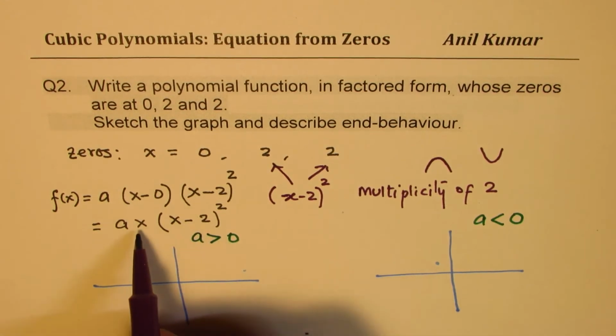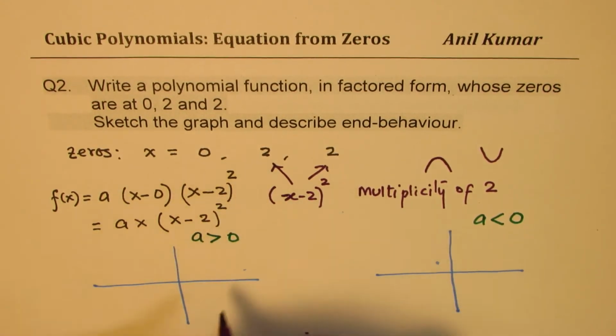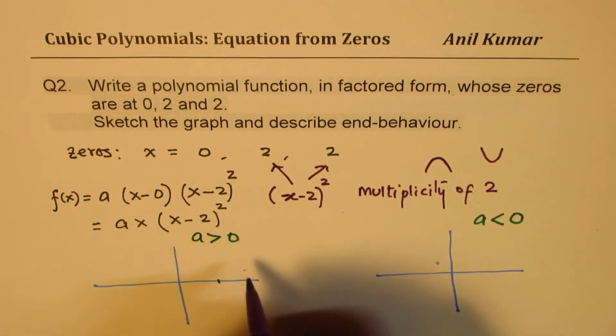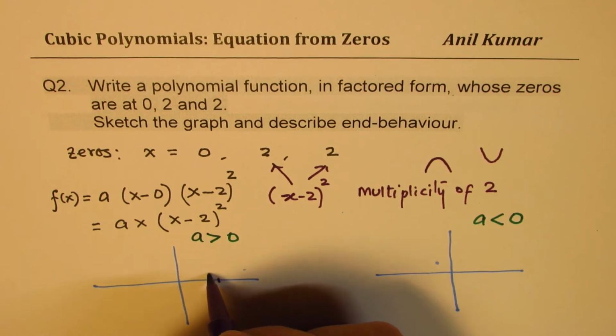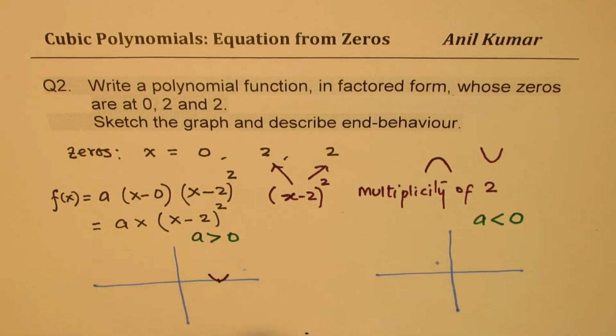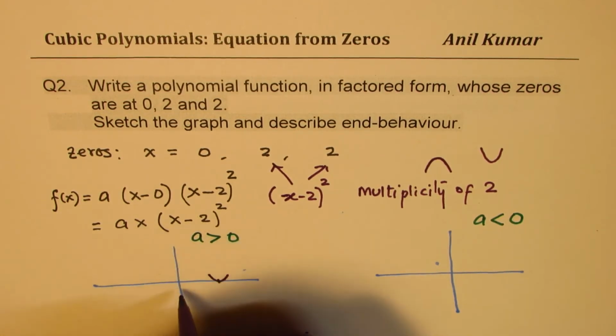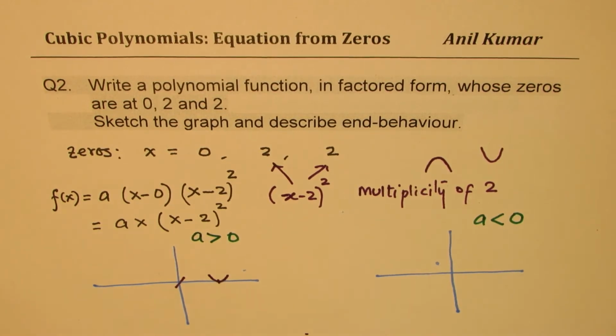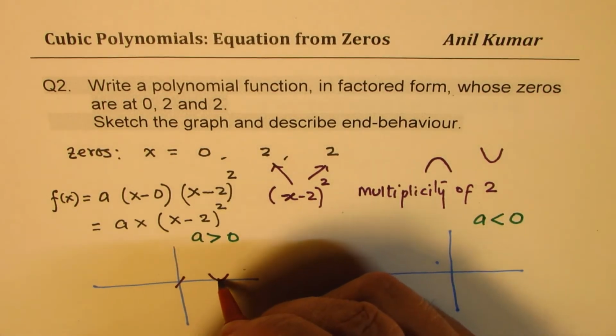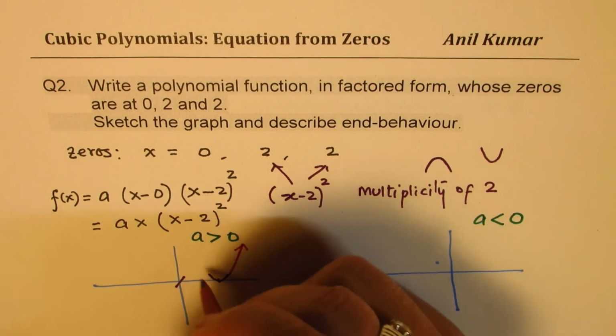So the very first one here, the zeros are at 0 and 2. So these are, let us say, our zeros. Since a is greater than 0, right side up, right? And this is a double zero, so it is going to turn like this. Here at 0, it is a linear zero. So the graph for this particular function is going to be kind of like this.